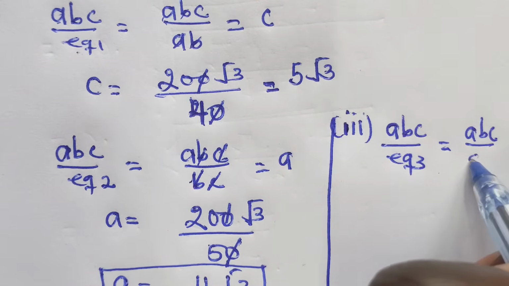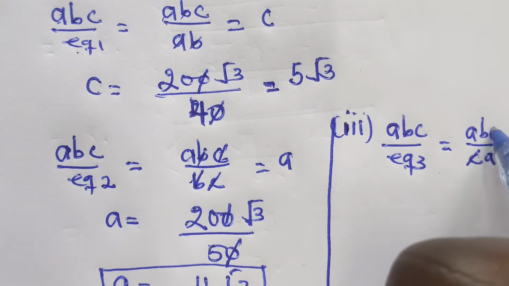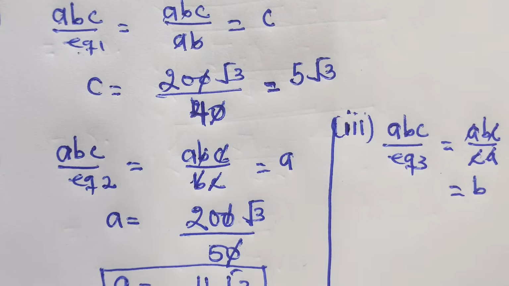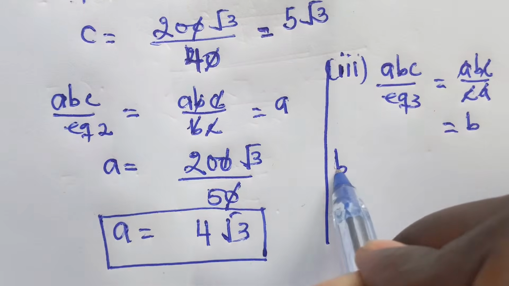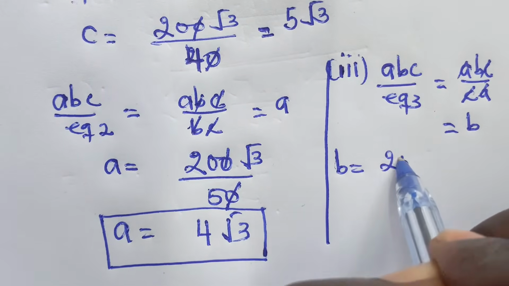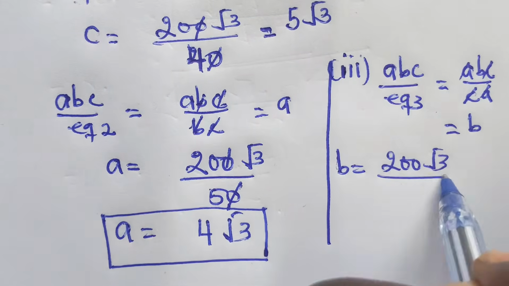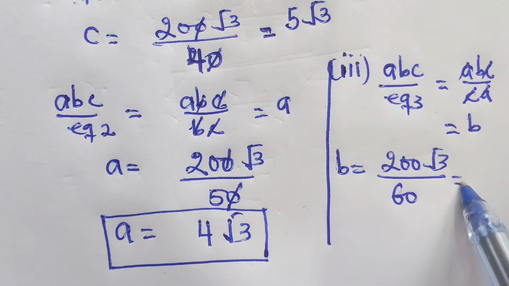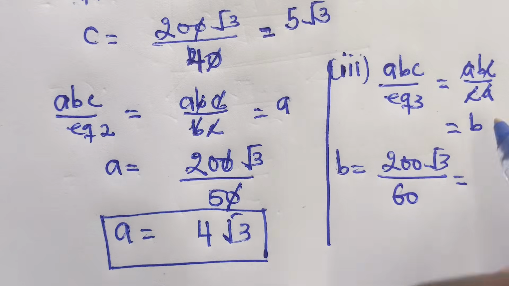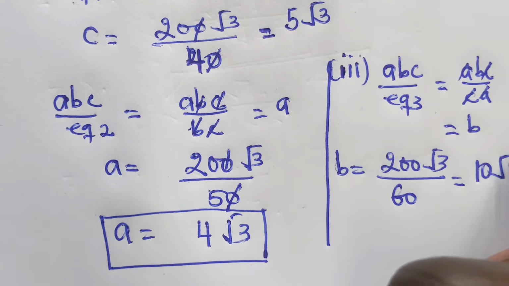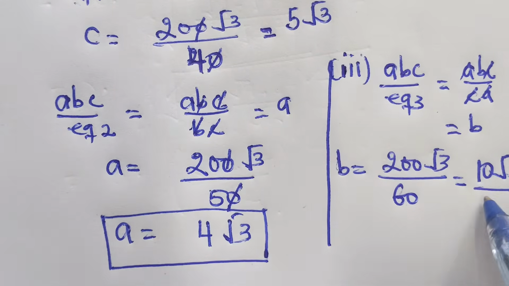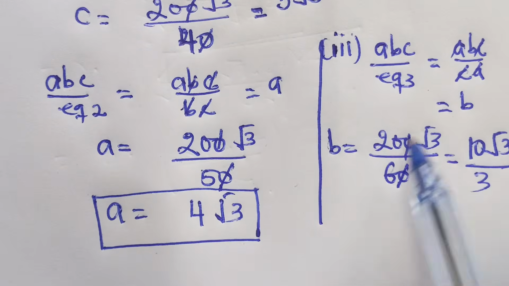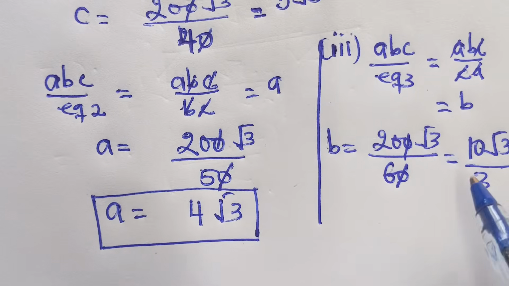ABC over CA, after cancelling, is equal to B. So B equals 200 square root of 3 over 60, and this is equal to 10 square root of 3 over 3, after dividing by 2 to get 10 over 3.